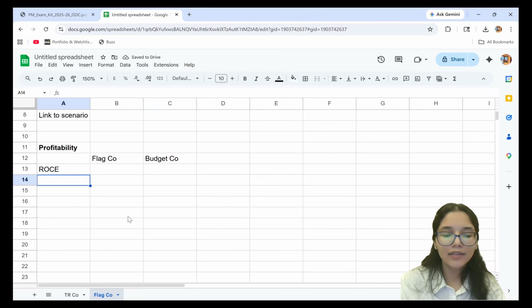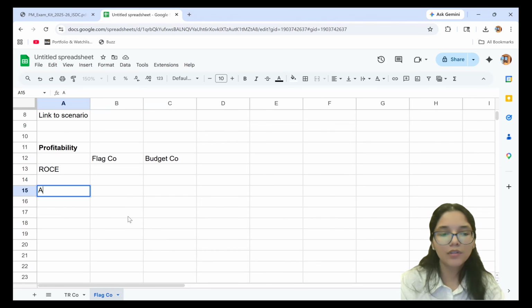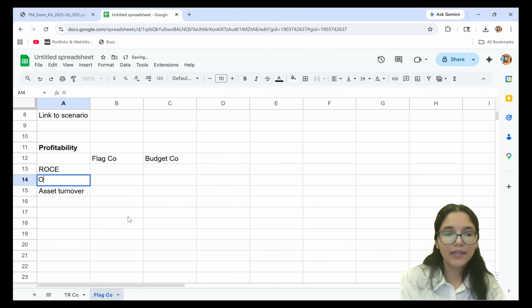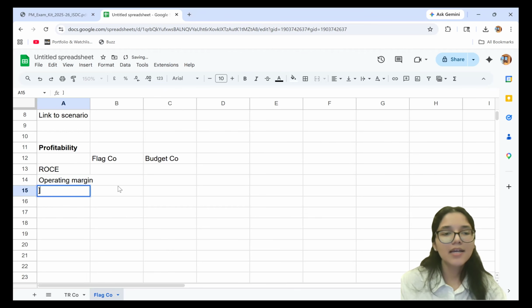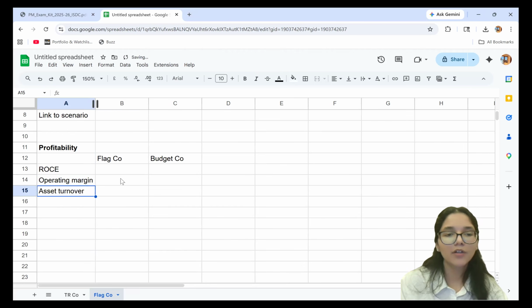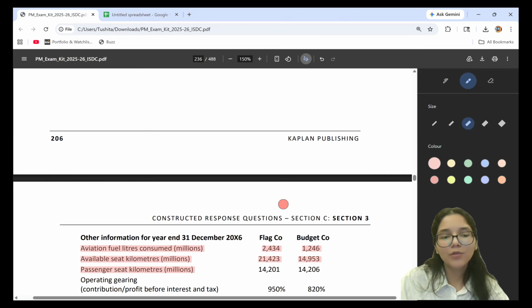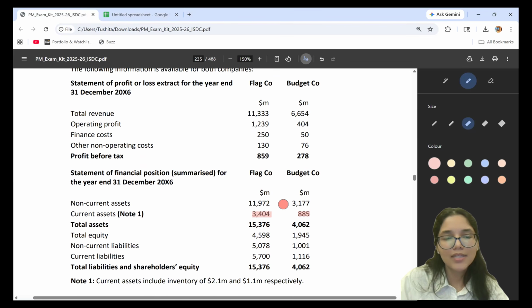Then we can calculate operating margin, and asset turnover. So these are the three ratios that we are aiming to calculate. I'm giving you some time. Calculate and let me know the ratios for both of the companies, the three ratios that I have listed over here.